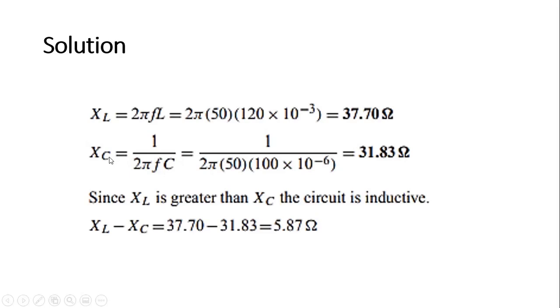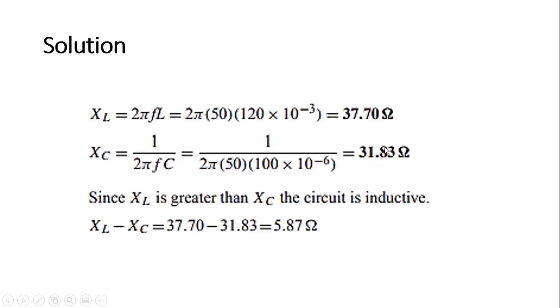So we are also going to find XC. Our XC is 1 over 2 pi FC. So if you slot in the values, our C is 100 microfarad. Micro is 10 raised to the minus 6. So if you press your calculator, you should get 31.83 ohms.